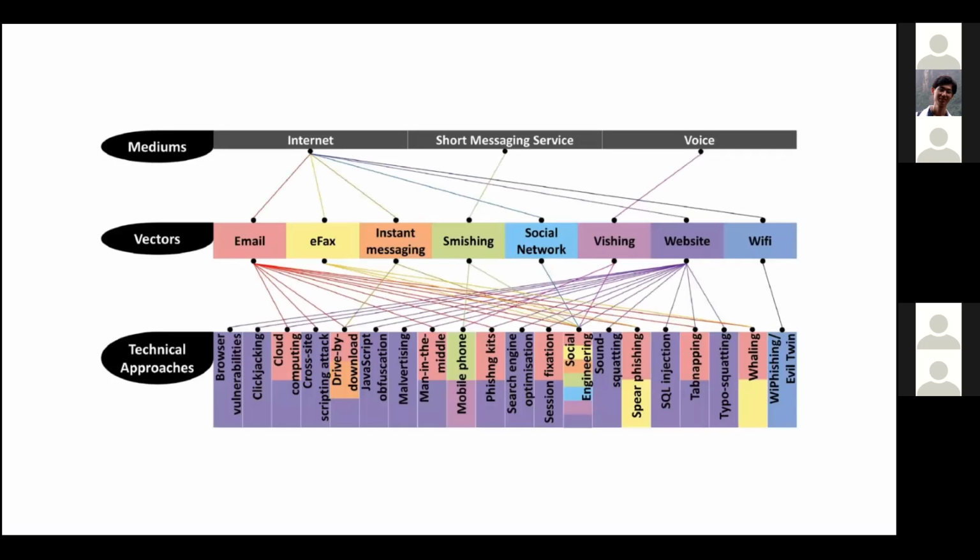Sure. Okay, so as mentioned earlier, this is the key contribution for this paper, which is the categorization of phishing mediums, vectors, and technical approaches. The mediums and vectors I have briefly gone through before.